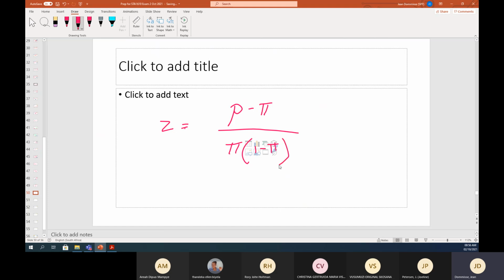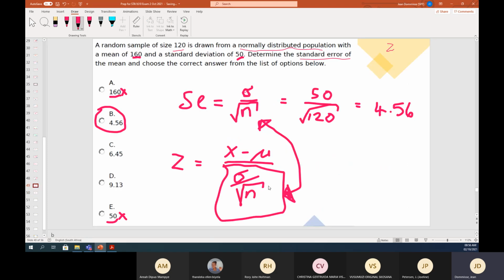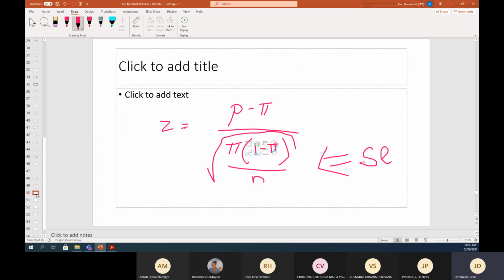And I'll take that blocks at the back away now, but basically the standard error is every time the one that you're going to divide by in the Z formula. So each time, if it is proportion, or your normal distribution of the mean, it is basically the one at the bottom of the formula that you divide by.